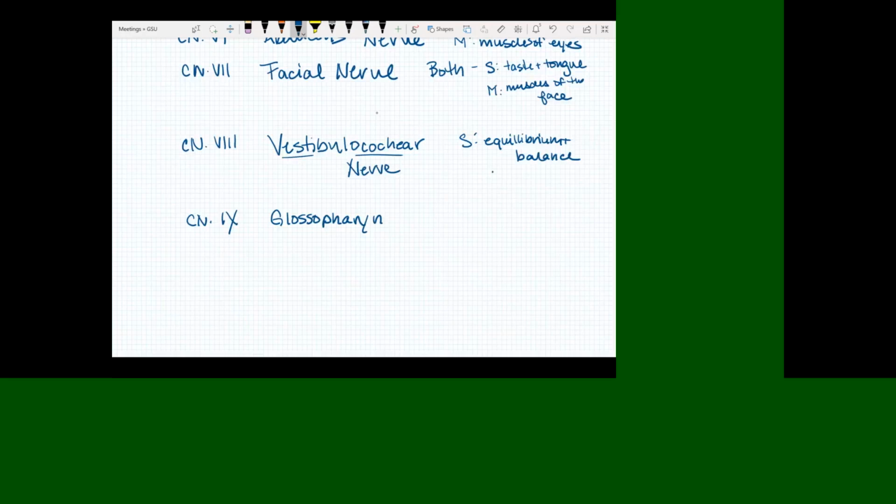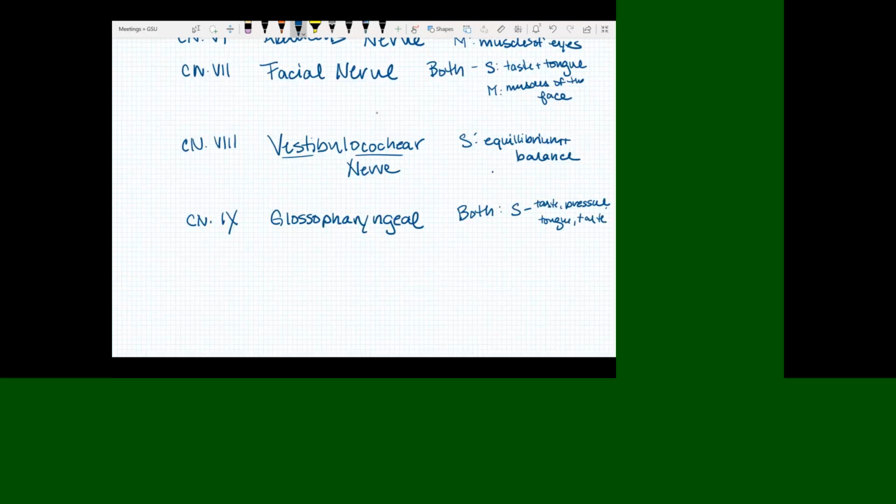Okay, so moving on, we have cranial nerve 9, which is going to be glossopharyngeal. And the glossopharyngeal nerve is going to be a mixed nerve, meaning it carries both sensory and motor. The sensory information that this one will carry is going to be the tonsils, tongue, taste, pressure. So it's going to be all of the areas that are more refined and ongoing than the actual vestibulocochlear nerve. So again, this is also the tongue and the taste.